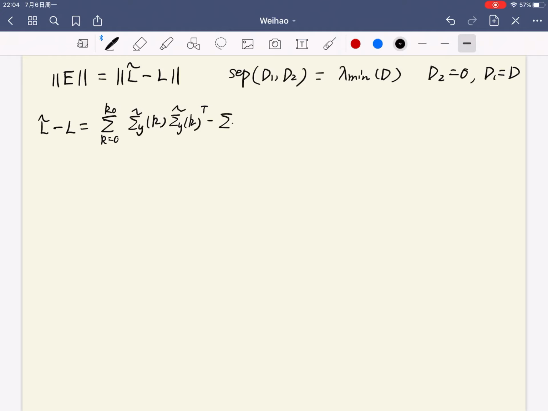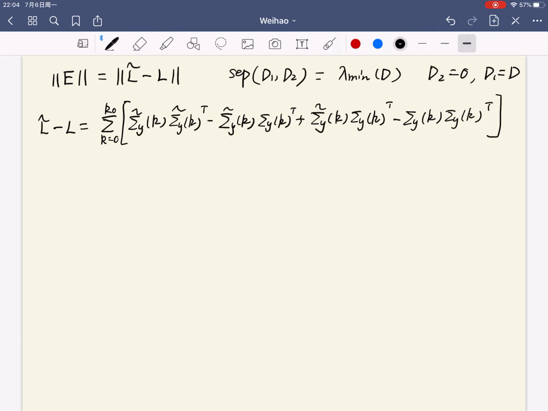We subtract an intermediate term and add it back. So apply the triangle inequality.